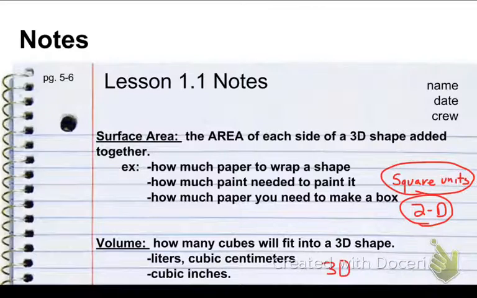So it's three-dimensional, and it is measured in cubic units, not square units. Some examples of cubic units are liters, cubic centimeters, cubic inches, cubic feet, and cubic yards.